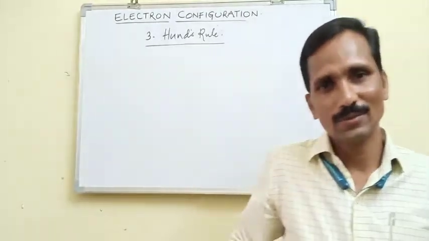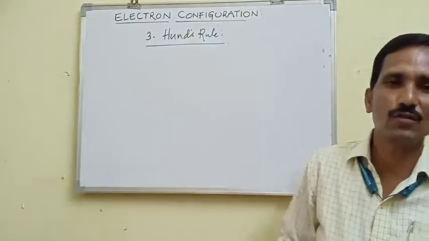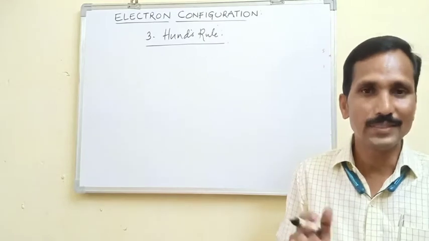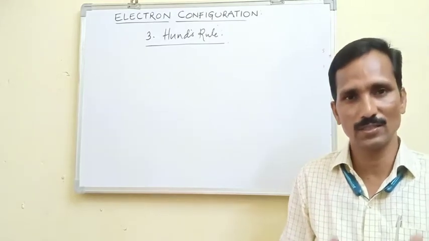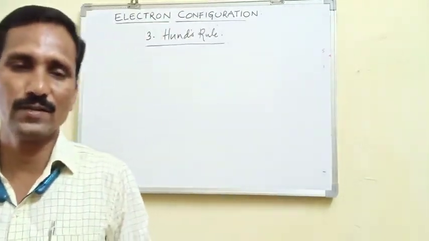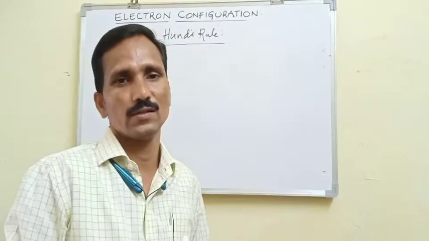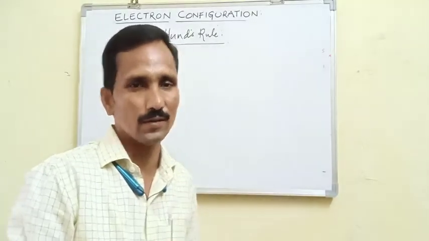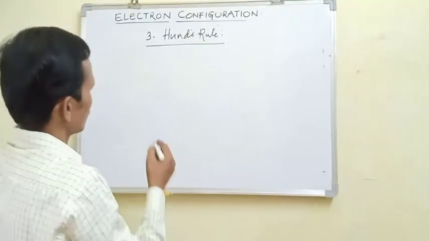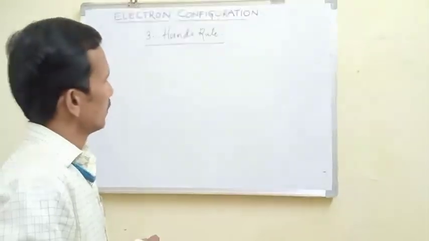The magnetic quantum number explains the orientation of orbitals in a magnetic field. The p orbital has 3 orientations: px, py, pz. The d orbitals have 5: dxy, dyz, dzx, dx square minus y square, dz square. The f orbital has 7. So Hund's rule tells the order of filling of electrons in multiple orbitals.